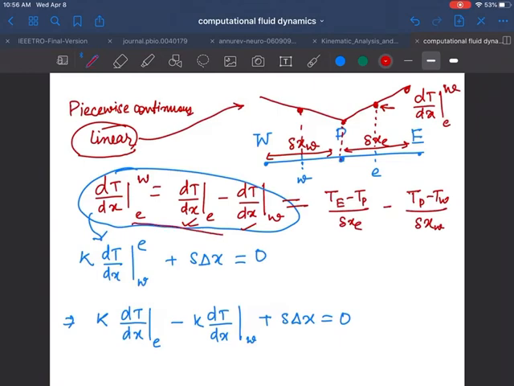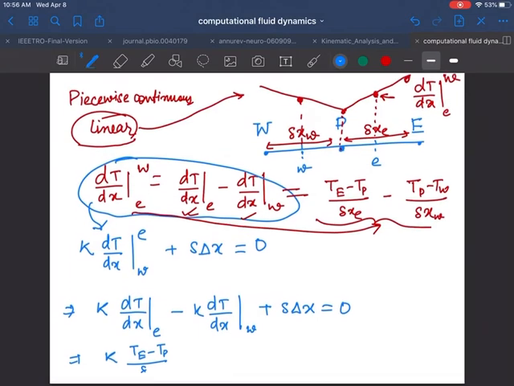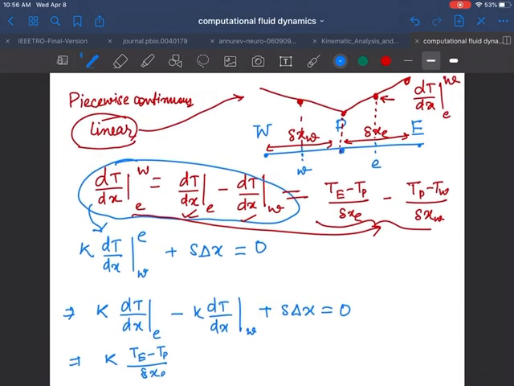So here itself I will write K times TE minus TP divided by delta XE minus K times TP minus TW divided by delta XW plus S delta x is equal to 0.